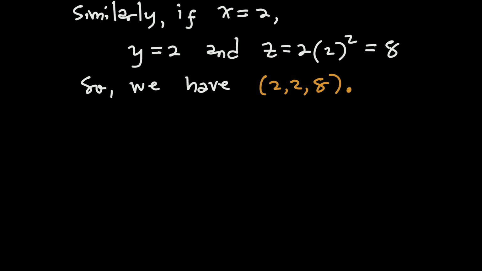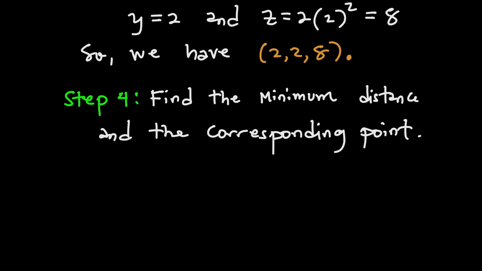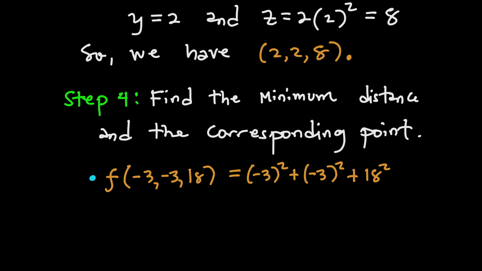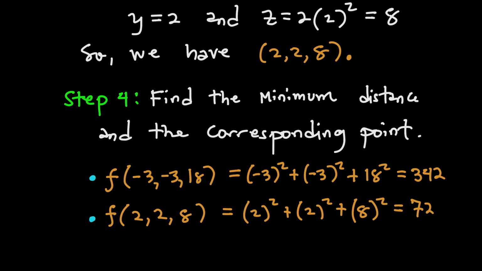Now, for the final step, we have step 4 to find the minimum distance using these critical points. For the first critical point, we have this one, negative 3, and 18. So here we simply square these inputs and add up. This one gives you the value 342. And for the second critical point, the value is equal to 72.